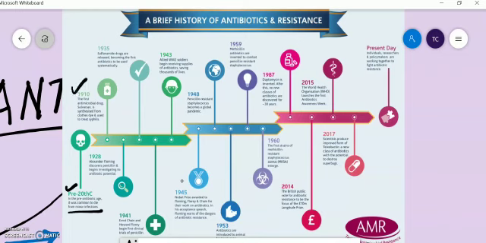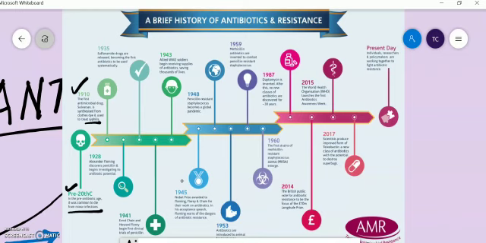Then in 1910, the first antimicrobial drug, mind you, this is antimicrobial, it kills microorganisms of different spectrum. The first antimicrobial drug, salvarsan, was synthesized from cloth dye and used to treat syphilis. Here I will highlight two points. It is salvarsan, a chemical drug, which is being used to treat syphilis.